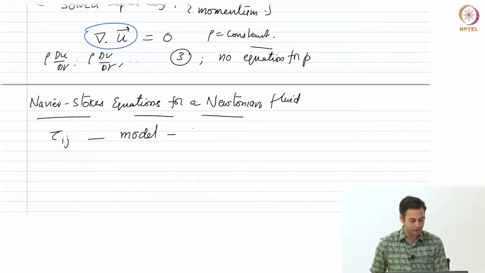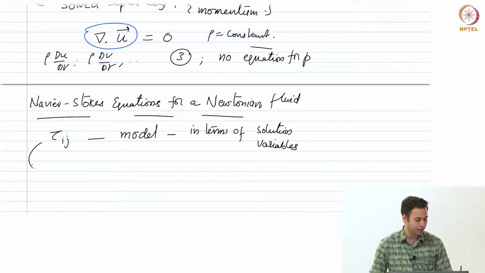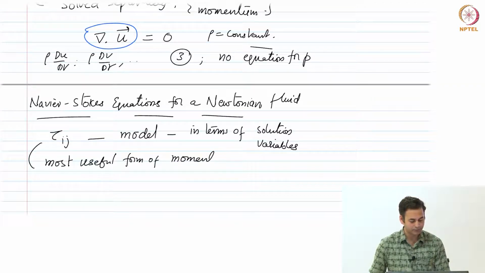So, we need a model to specify these in terms of solution variables, okay. Now, by introducing a model for this, we are going to derive the most useful form of momentum equations.